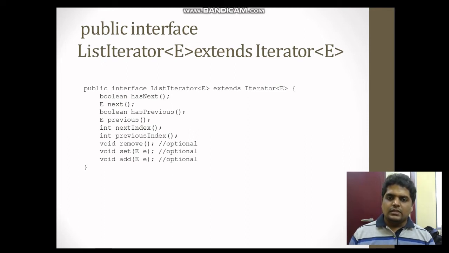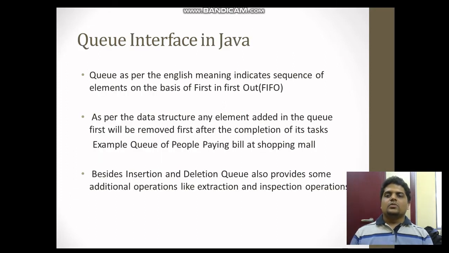These are specific to a list index, and some of the common methods like hasNext and next are from the original Iterator methods, which we'll see again later. So basically ListIterator provides some additional methods to the iterator to provide some list-specific implementations.